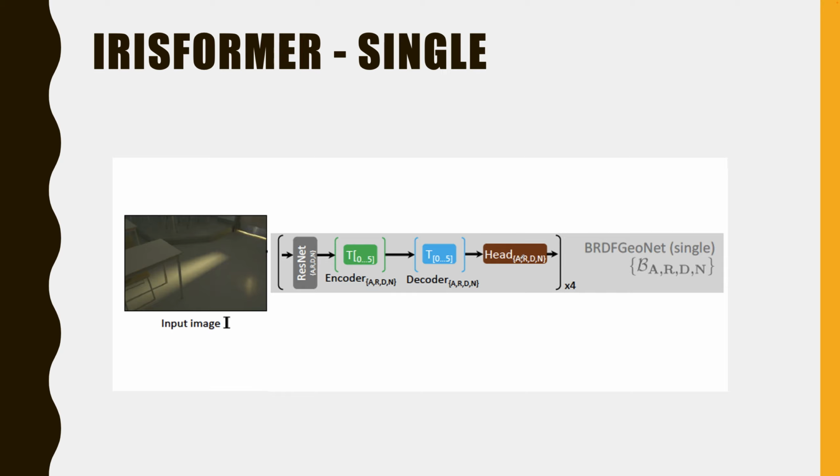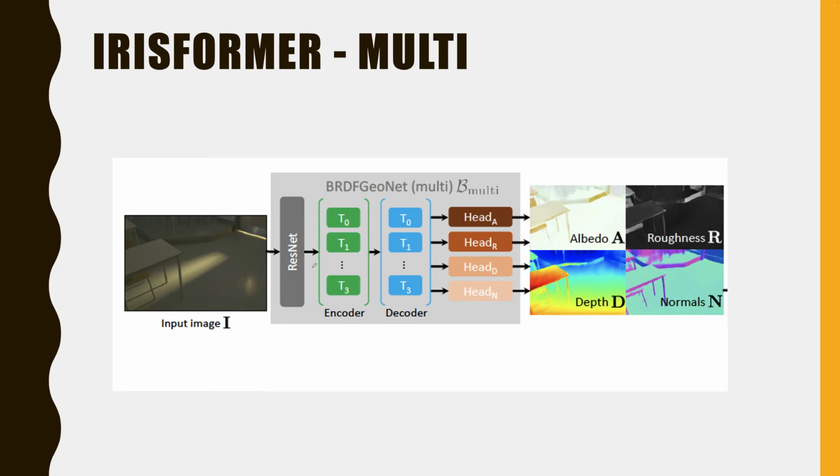Actually, sorry, there's a head that outputs a specific modality, but you have an individual encoder and decoder for each modality. So you have 4 times this, and here you have an encoder-decoder that does the whole thing with just different heads. They propose to show the results for both and discuss the results for both.